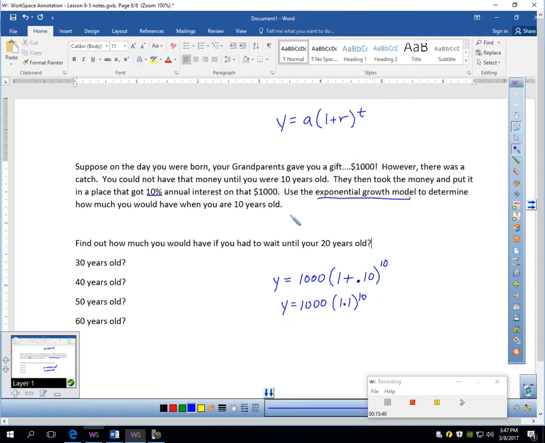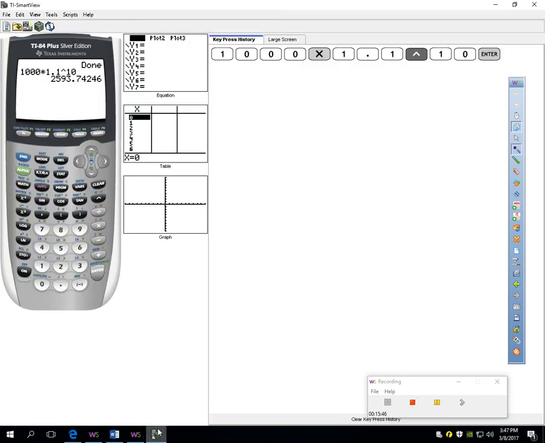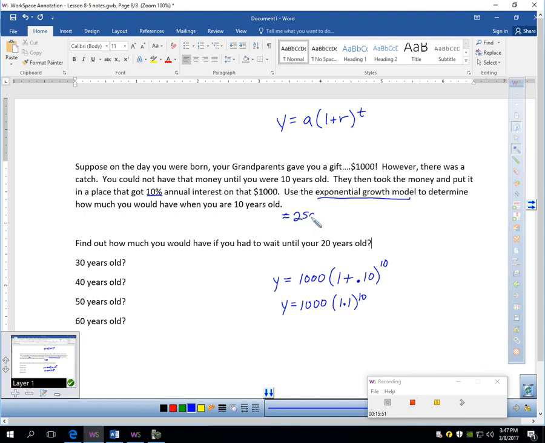So let me write that down. At 10 years old, I had about $2,594, okay? Hey, that's not bad. Now think about that. Your grandparents gave you $1,000, you didn't do any work at all, and you made an extra $1,594 over time because you waited till age 10.